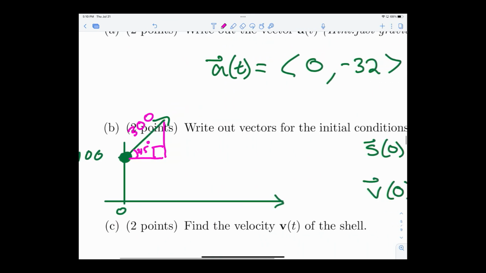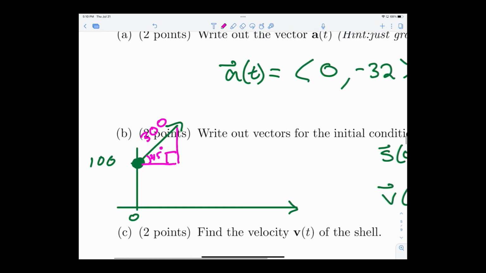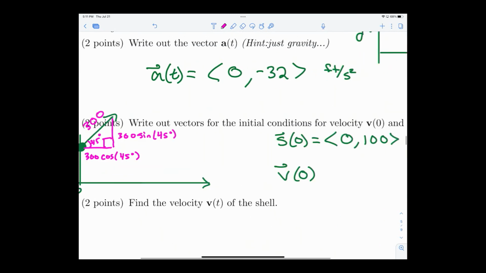Based on the trigonometry, this side is going to be 300 times the sine of 45 degrees, and this side will be 300 times the cosine of 45 degrees. Of course, sine and cosine of 45 degrees are root 2 over 2.